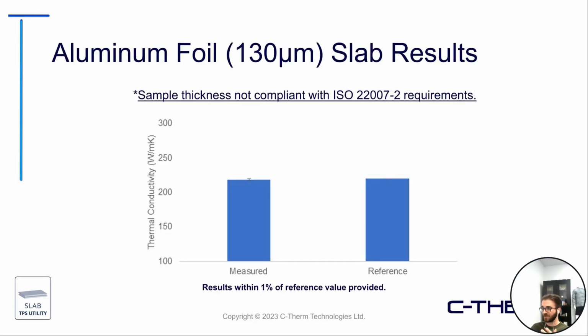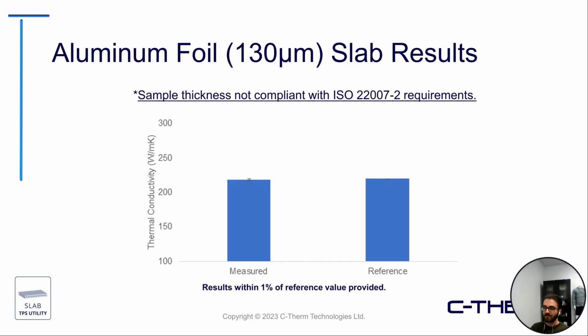This aluminum foil was about 130 microns thick, clearly technically outside of the standard ISO test range. However, the results compared to the reference values were extremely close. We're within 1% of the reference value provided on these samples.